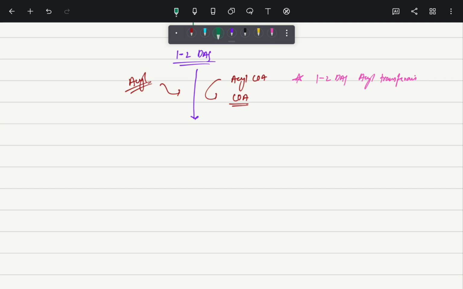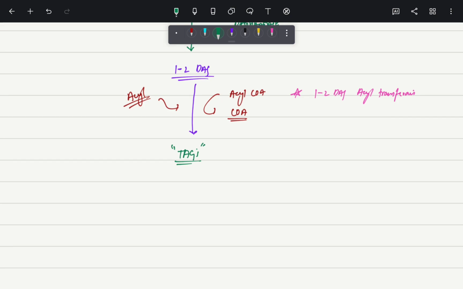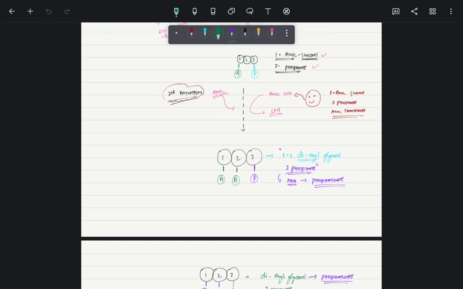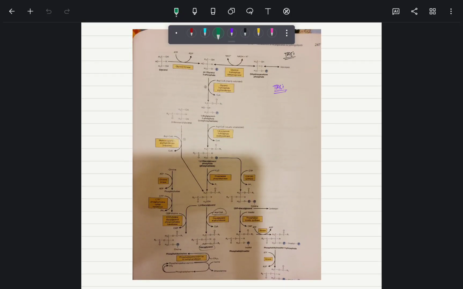Okay, and the final product is your triacylglycerol. So this is how it was written in your biochemistry textbook. I know this is a lot tougher than any of the biosynthesis mentioned in your chapter 24, but trust me, if you watch this video again you will understand everything. I would suggest watching it 2-3 times so you will be clear with this.